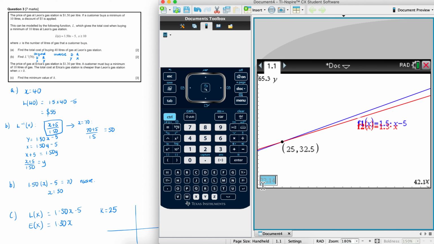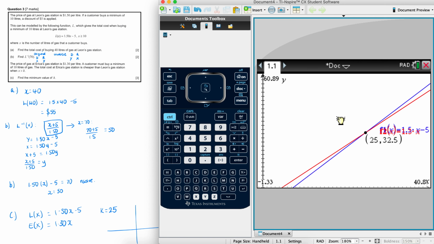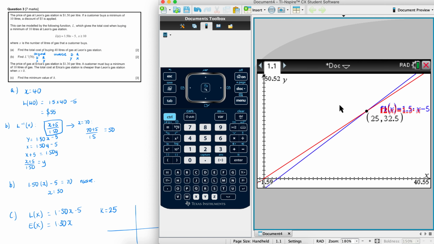And you're working out to show that would be a very rough sketch of the two things. We want to go from 0 there, something like that, just so that we can see what's happening. So Erica's goes through, and Leon's kind of does that. This happens at 25, 32.5.